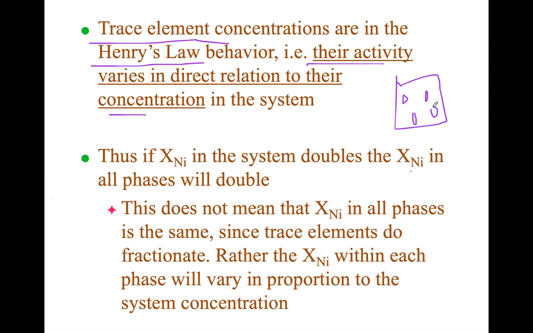Many phases can be there, but you have one fixed concentration for the whole system also, right? You can take, for example, the nickel composition of this system as, say, 10 ppm, right? 10 ppm.